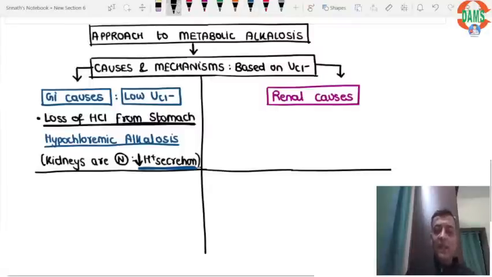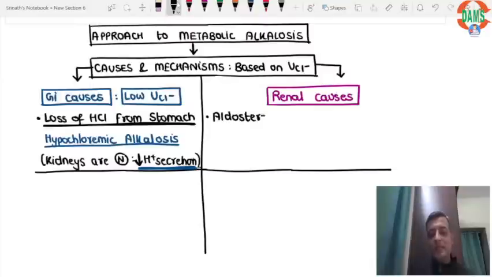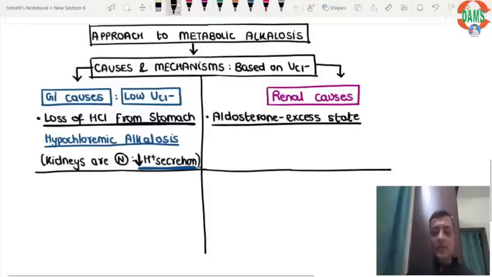But the renal causes are mediated by the aldosterone excess state. This aldosterone excess state causes increased H plus and K plus secretion into the urine.